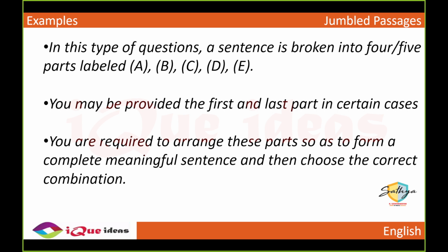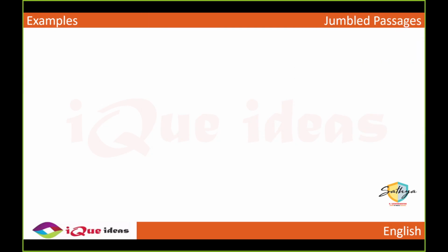In some cases, you might not be told which is the first and the last line. All the given sentences or parts may be out of order. In either case, you have to rearrange these parts so that the complete sequence of lines or sentences makes complete sense. There are a couple of strategies which can be followed to solve questions of these types.